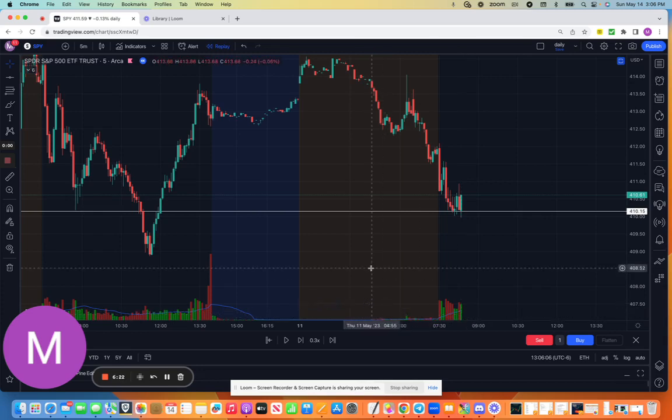In the very first law of Wyckoff logic, they talk about the law of supply and demand will determine the price direction. If you really break that down, that tells you that whoever's in control, supply or demand, sellers or buyers, will help determine what direction the price will go.